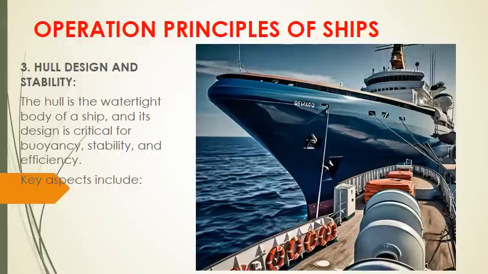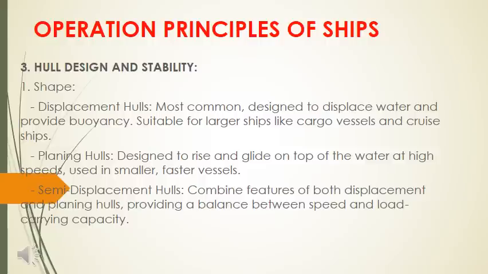The key aspects include the following. First is the shape. This involves displacement hulls, planing hulls and semi-displacement hulls. Displacement hulls are the most common design to displace water and provide buoyancy. They are suitable for larger ships like cargo vessels and cruise ships.